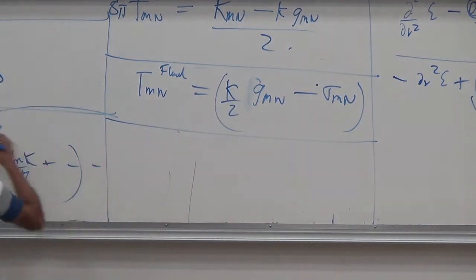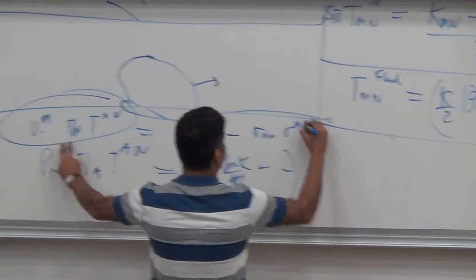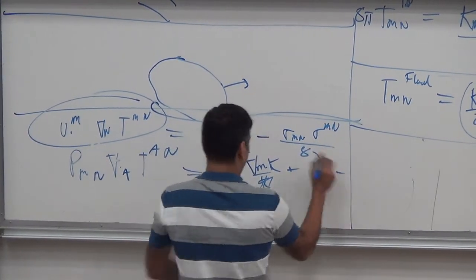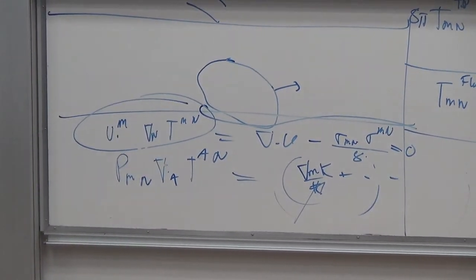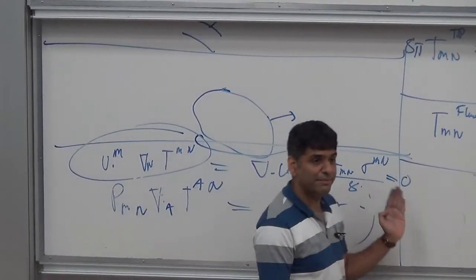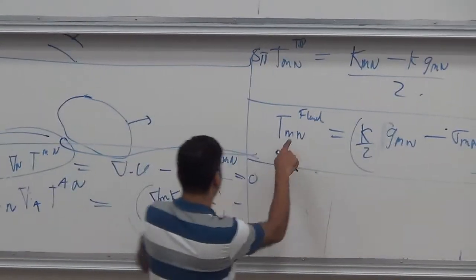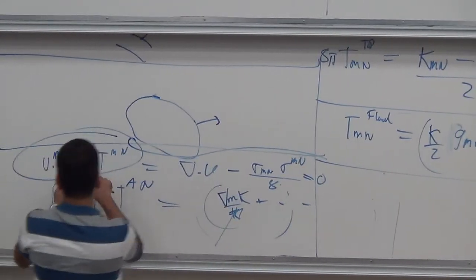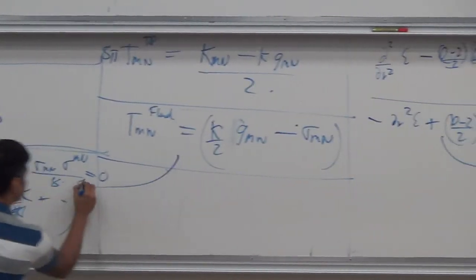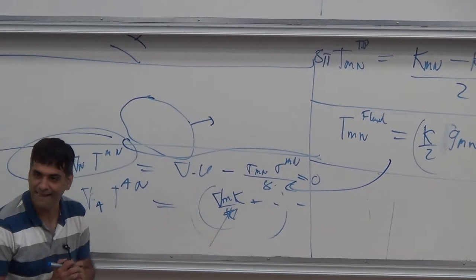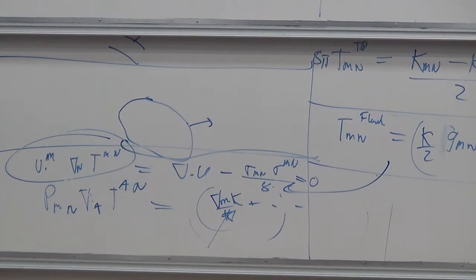This equation becomes ∇·u minus σ_mn σ^mn by 8π equals 0. This is the right equation that comes from working on the fluid gravity map. Indeed, if you take this stress tensor as I've listed it and compute the divergence of the stress tensor dotted with u, you will find that exactly this equation comes out. So ∇·u is not exactly 0, it's something.